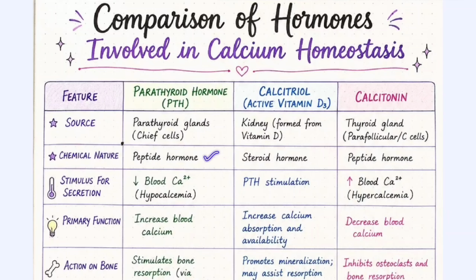Parathyroid hormone is a peptide hormone, calcitriol is a steroid hormone, and calcitonin is again a peptide hormone. Stimulus for secretion: low blood calcium level, which is hypocalcemia, stimulates parathyroid hormone, and increasing blood calcium level, which is hypercalcemia, stimulates calcitonin. Primary function: increase blood calcium, increase calcium absorption and availability, and decrease blood calcium.